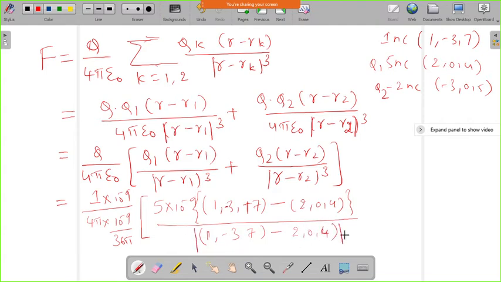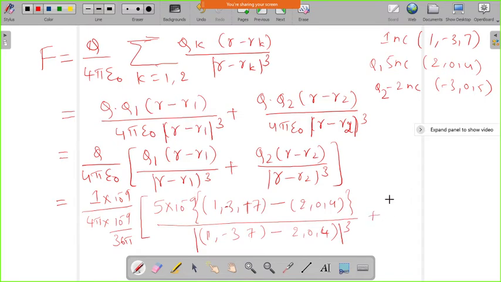This magnitude we will take using the distance formula: square root of (x minus x1) whole square plus (y minus y1) whole square plus (z minus z1) whole square. You have to write it down, so we'll write one more step for that.